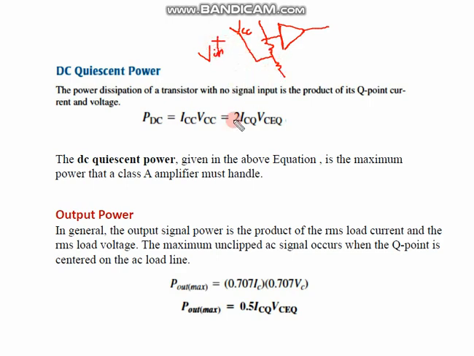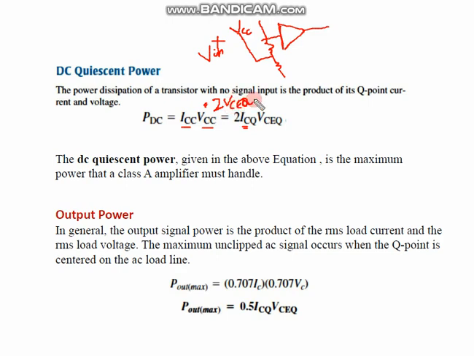So basically, the DC quiescent power by definition would be voltage times current. At the quiescent point, I can put IC equal to ICQ, and from the DC load line, I can say that VCC is equal to 2 times VCEQ.